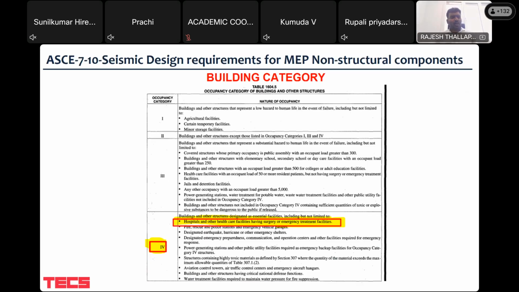Or is it a mall? So there are different types. As I mentioned, we are going to take an example of a hospital. A hospital is a healthcare facility.